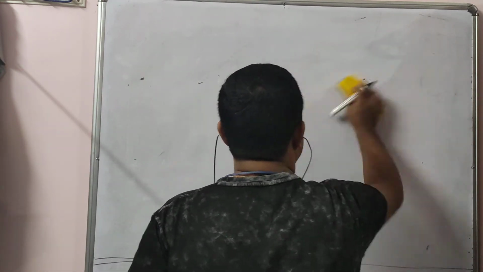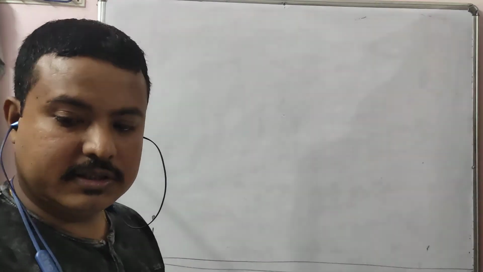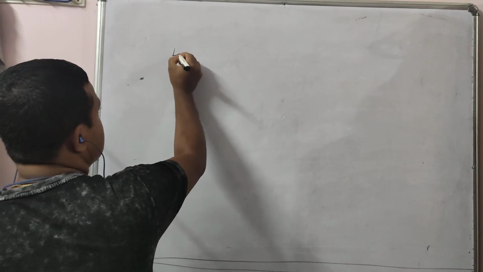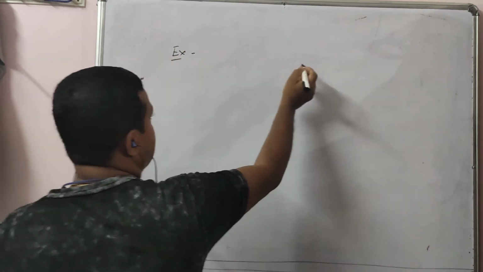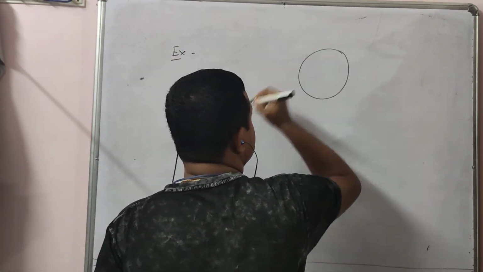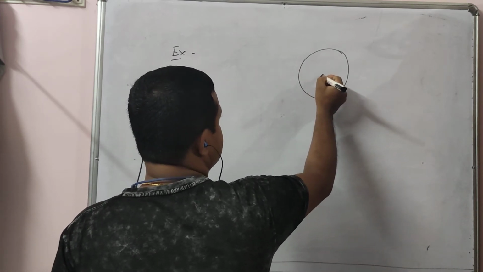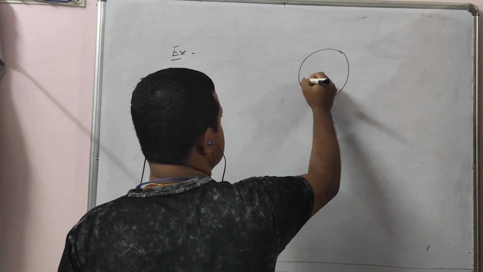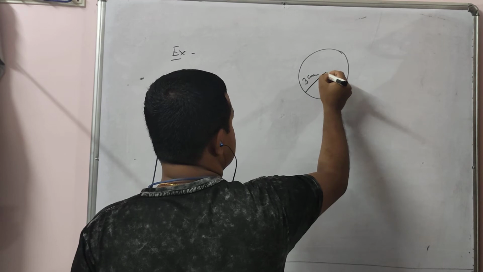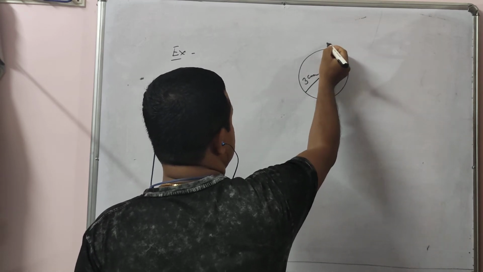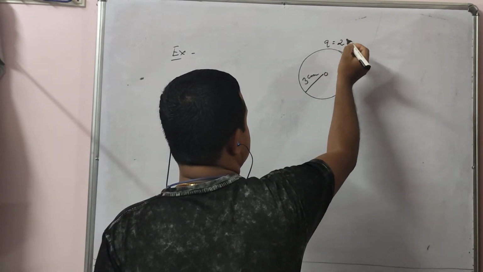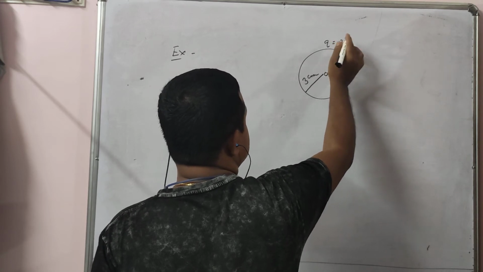So let us take one example. Suppose this is a conductor. Consider a sphere, and suppose its radius is 3 centimeter, and suppose it has charge Q, say 2 coulomb, or some charge is given.